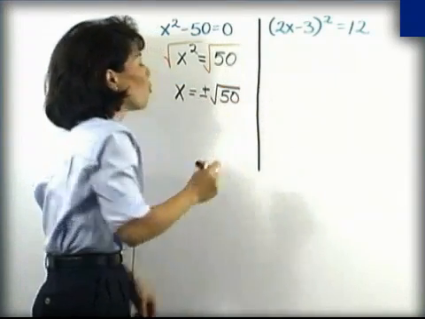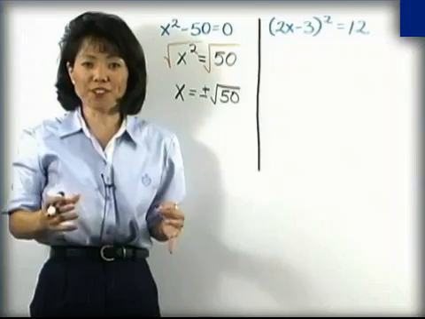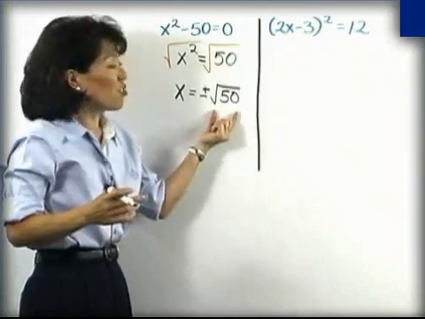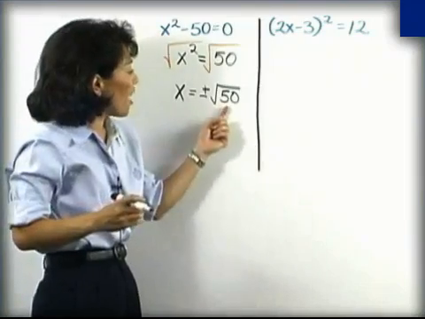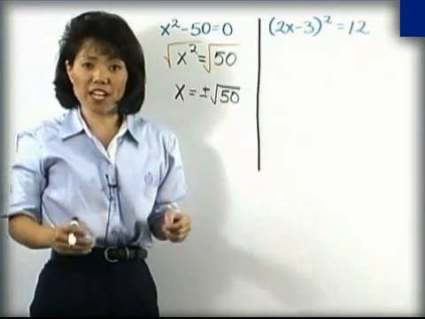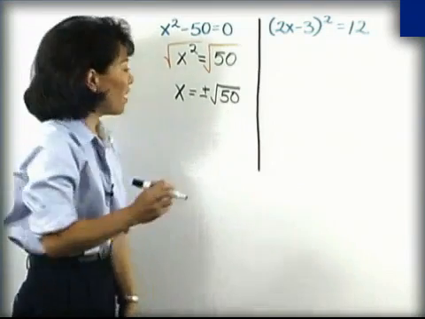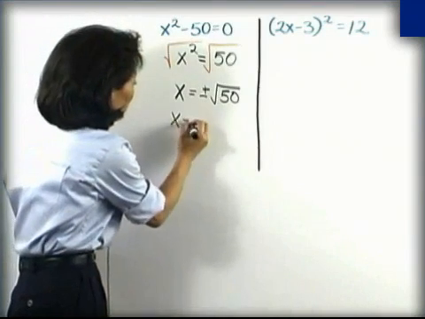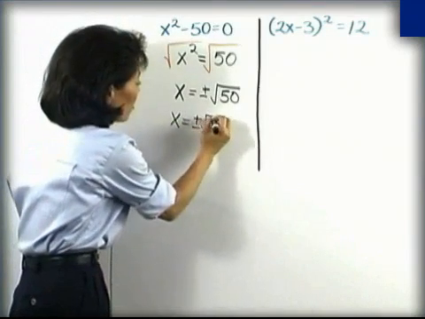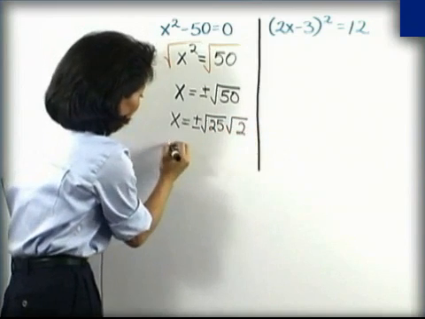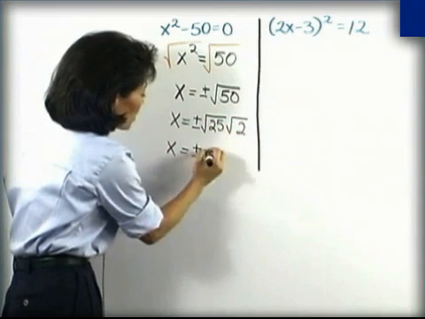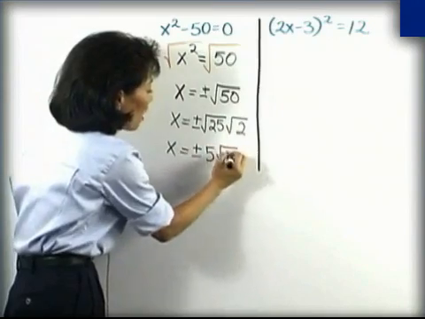But now we are experienced enough with our radicals that we recognize that the square root of 50 is not in simplified form, because there is a factor of 50 that's a perfect square. In fact, it's 25. So we change this to plus or minus the square root of 25 times 2, and we know that the square root of 25 is 5.